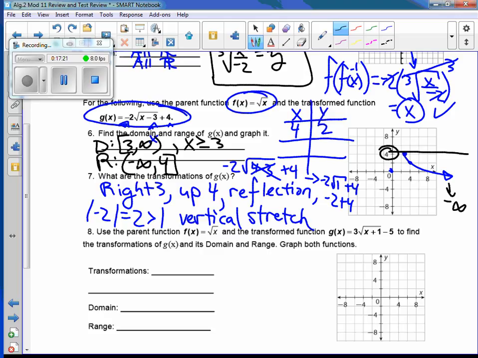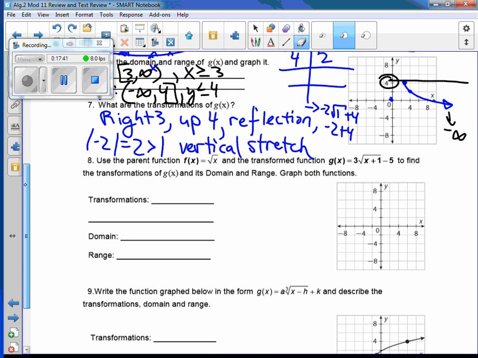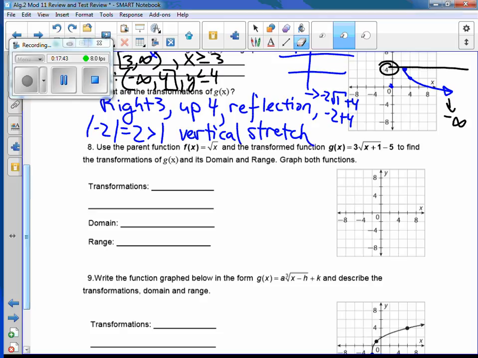All right, and so then we could say y is less than or equal to 4. All right, and so there it is. And like I said, number 8 is going to work almost identically the same.